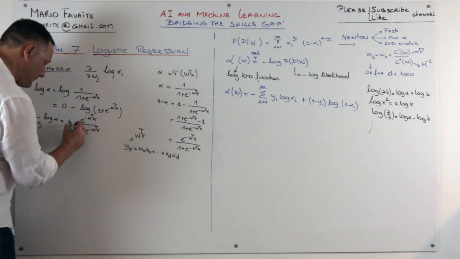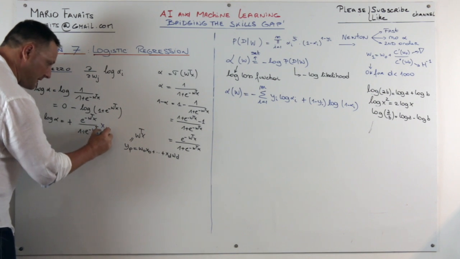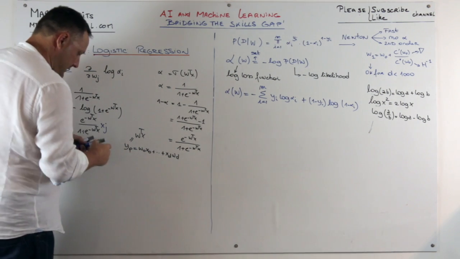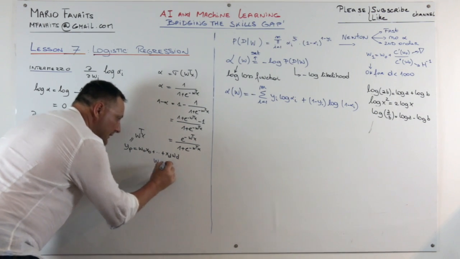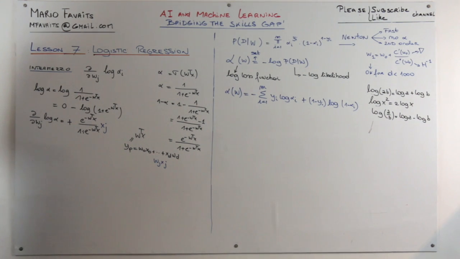So this we're gonna multiply with xj. Hope you understand. All these will be 0, and there is one here that is wj xj, and if I derive for w, I'm left with xj.